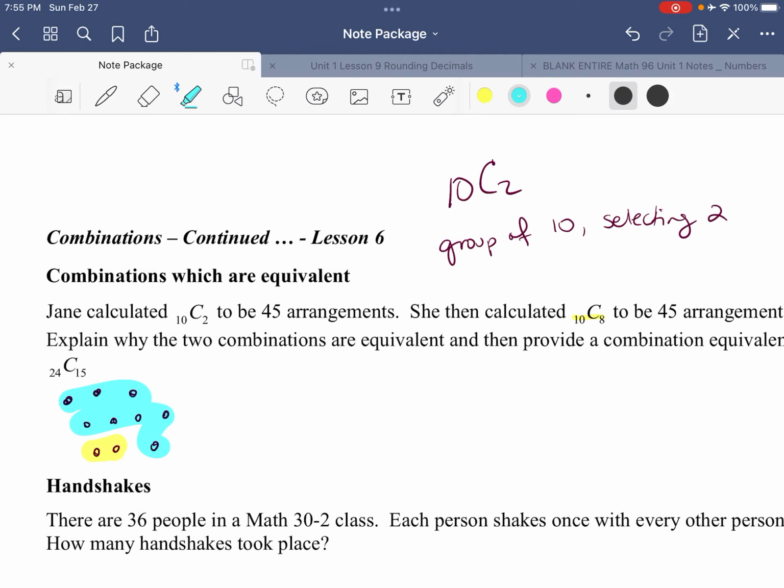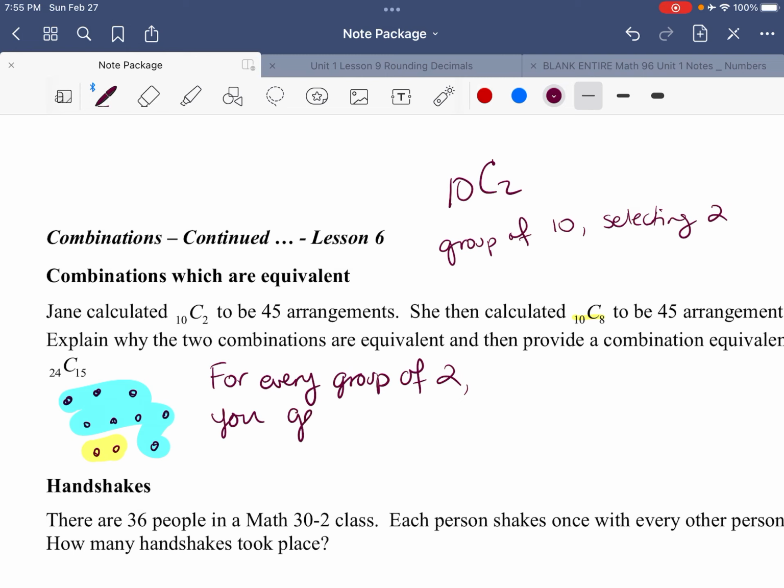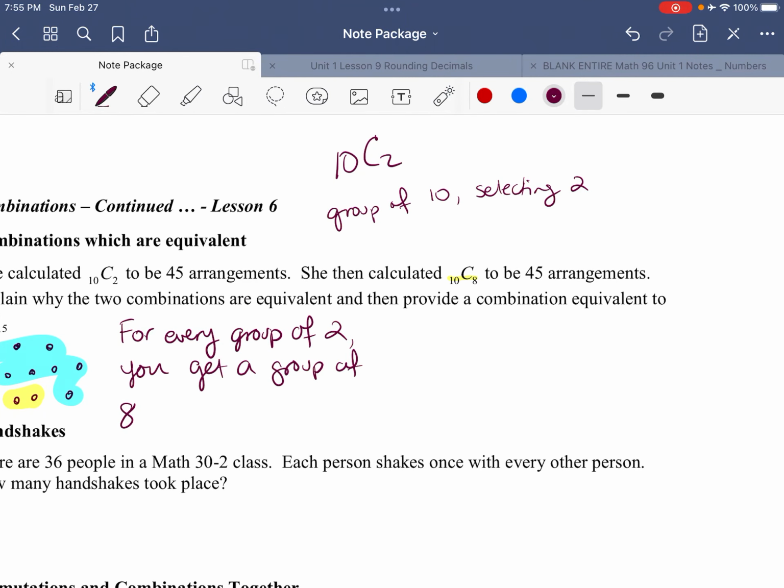So what we're actually doing is for every group of 2, you inadvertently, or on purpose, you get a group of 8. Okay, so 24C15, well, 24 minus 15 leaves us with 9, so 24C9 would be equivalent.